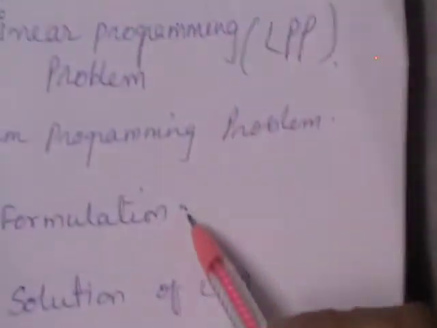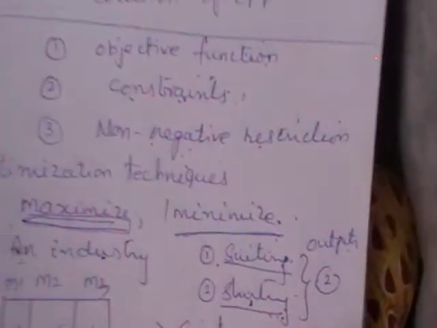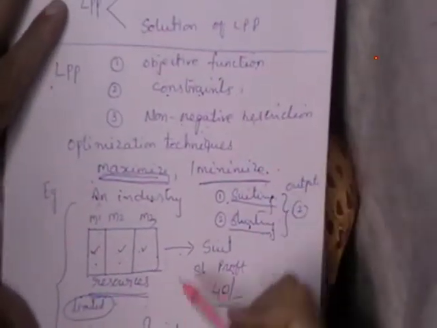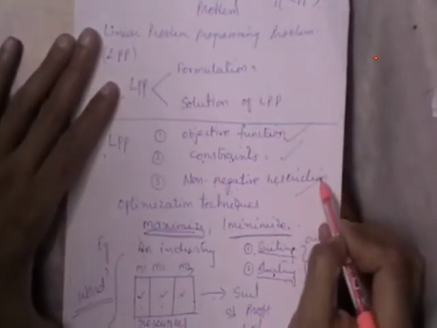First of all, you should formulate the given problem as an LPP. That means you need to frame each of the parts: you should frame the objective function, you should frame the constraints, and you should frame the non-negative restriction. So the given situation or word problem should first be formulated as an LPP, which consists of these three parts.